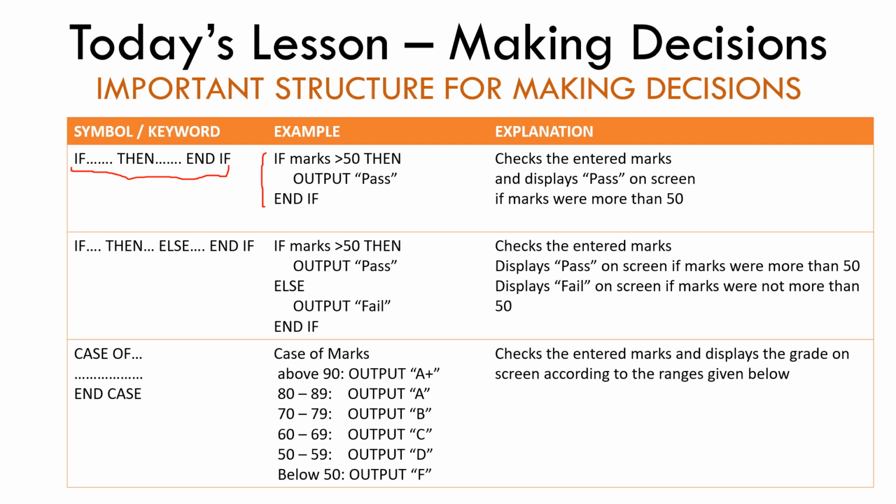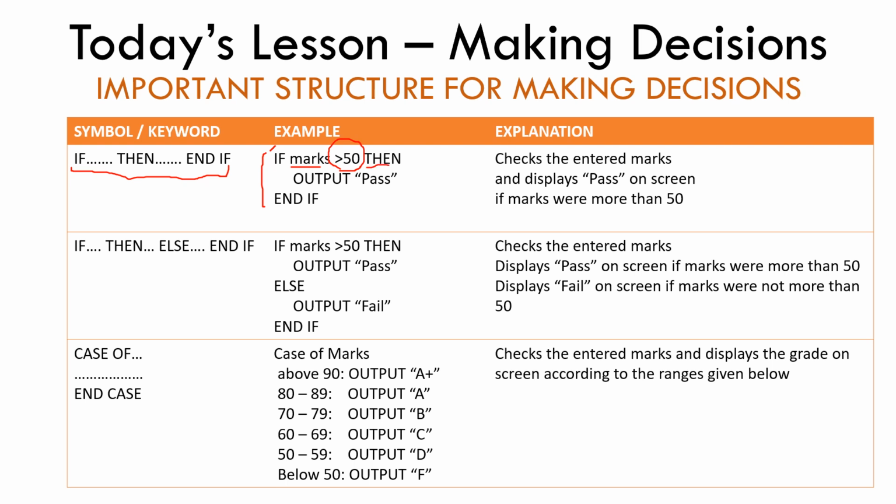You write if, the first keyword, then you write the name of the variable that you want to check, and then you write the condition that you want to check. So you want to check if marks are greater than 50. If they are, what happens then?